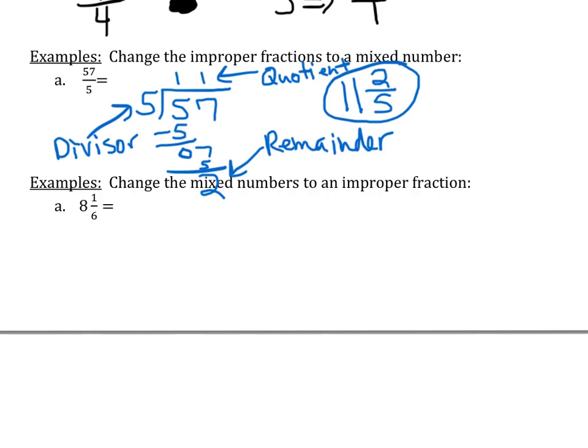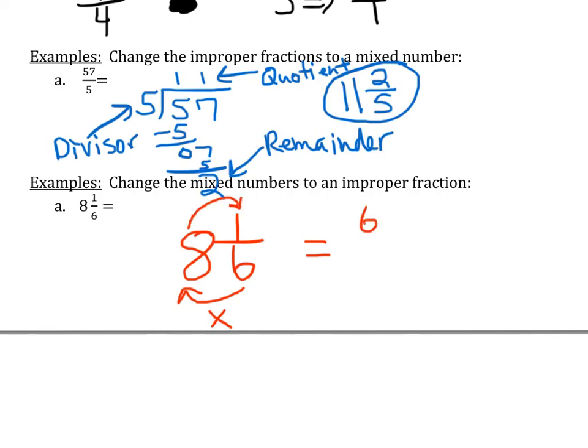Let's go the other way around, looking at 8 and 1/6, changing that to an improper fraction. The way we do this, I'm going to write this a little bit bigger, 8 and 1/6. We take our divisor and we multiply it by our quotient. So I'm going to get a multiplication there, and then we add the remainder on top.